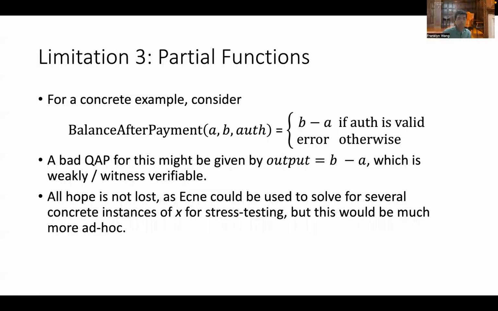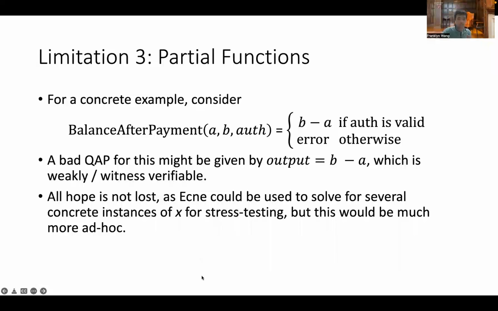So you can't show that this QAP, given by output equals B minus A, is equivalent to balance after payment. And that's good because those are not actually equivalent statements. So this is a very hard case to deal with. There are a few ideas that we had to deal with this, but this is something that is likely quite challenging.